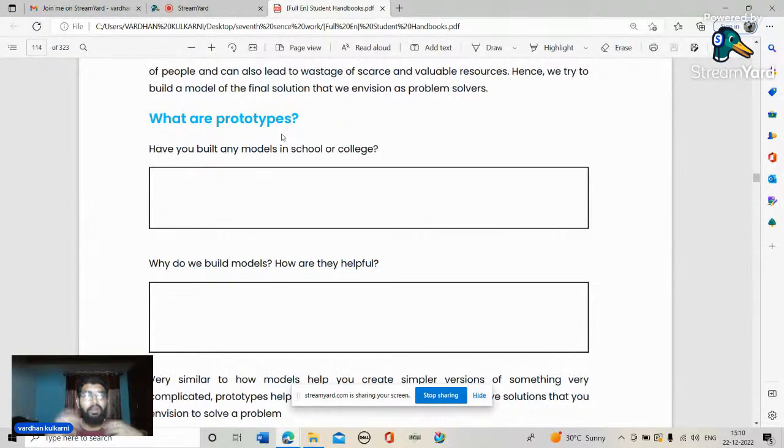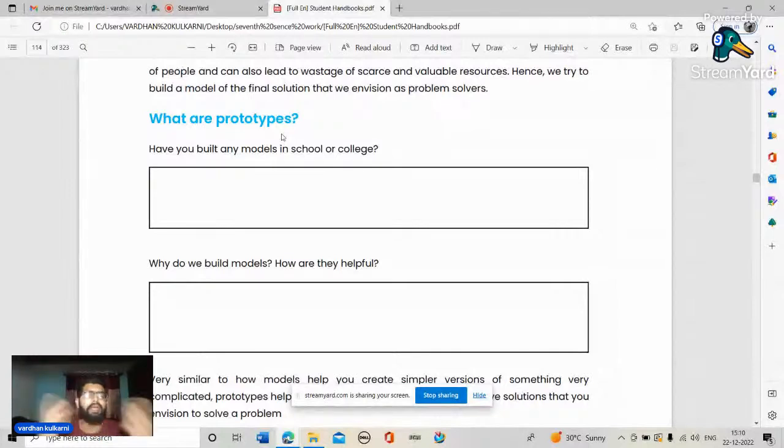For example, if a building has to be constructed, a small prototype or model is built to show all the engineers what is going to be built. In different civil engineering sectors, they make a small model to show everyone that this kind of building is going to be developed.